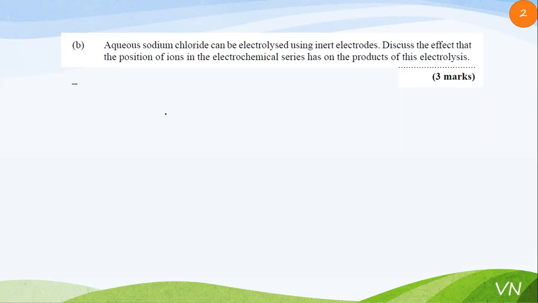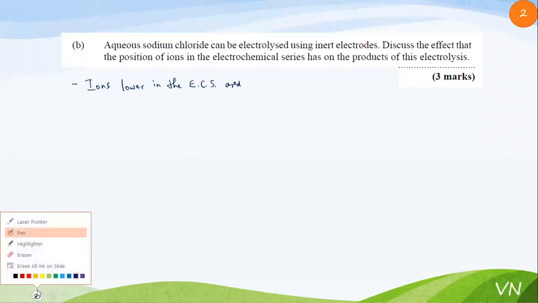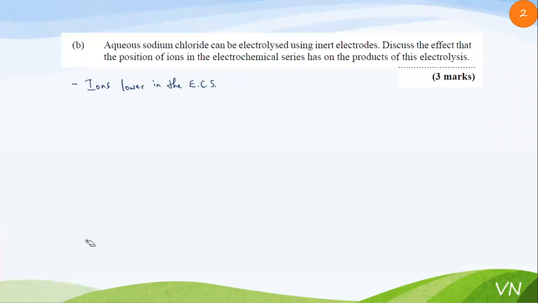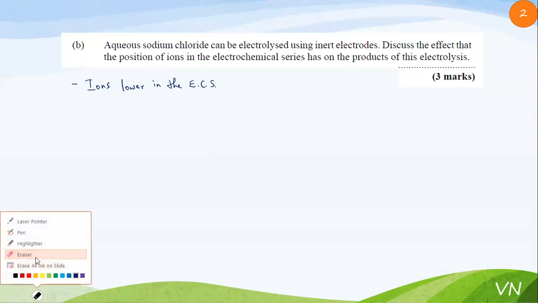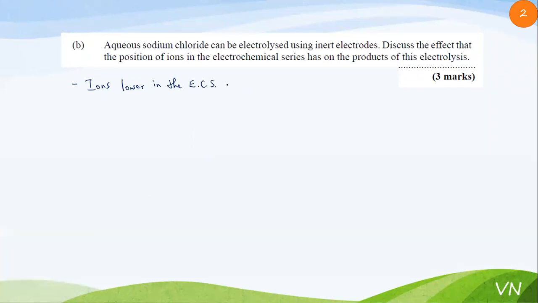Good, right? So everybody should understand or know that by now. So it is ions lower in the electrochemical series are discharged in preference.